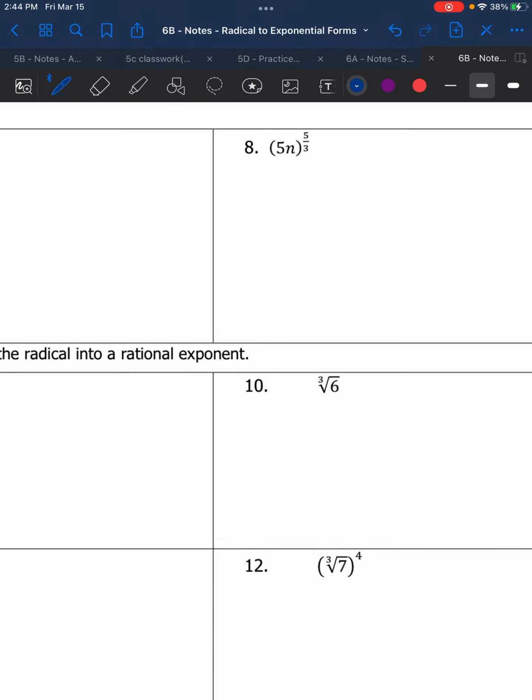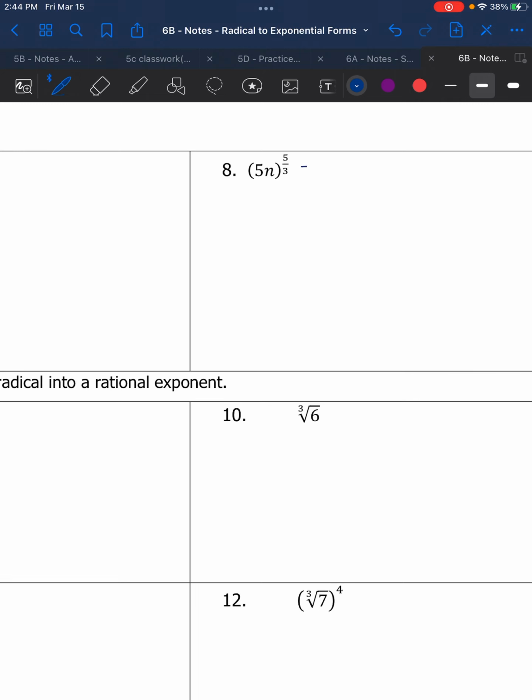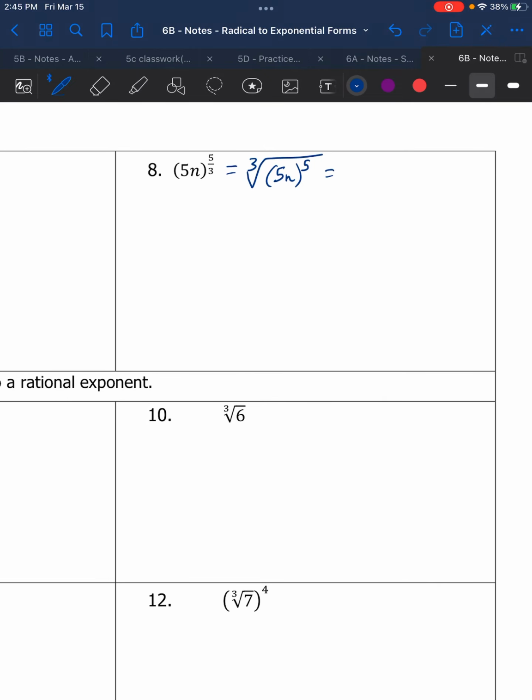On the back here, we have number 8. I want you to work this one out. Try it on your own at this point. But answer-wise, it starts in the parentheses, so I'm going to keep it in the parentheses. So it's a cube root of 5n in parentheses to the 5th power. You've got to think about it as there are 5 of those. How many groups of 3 can you divide out of the 5?